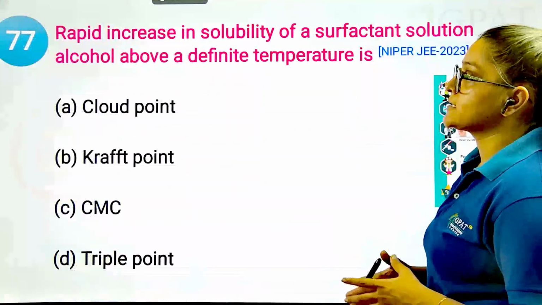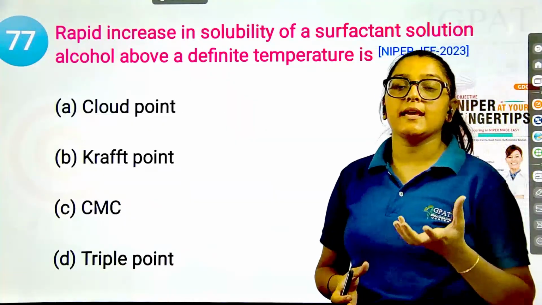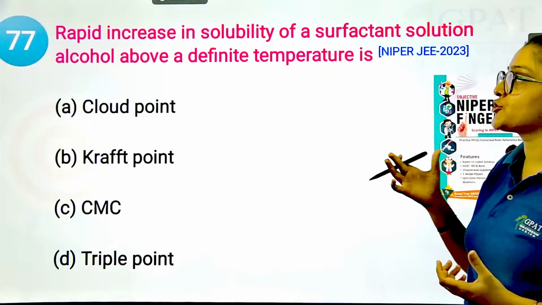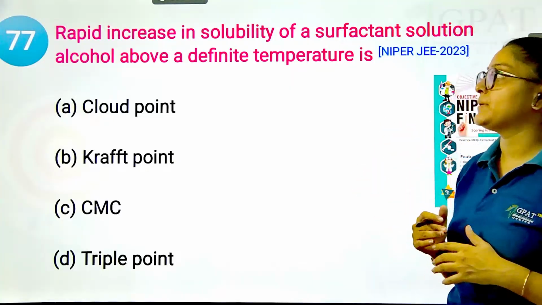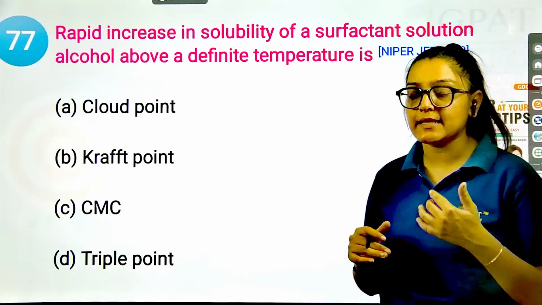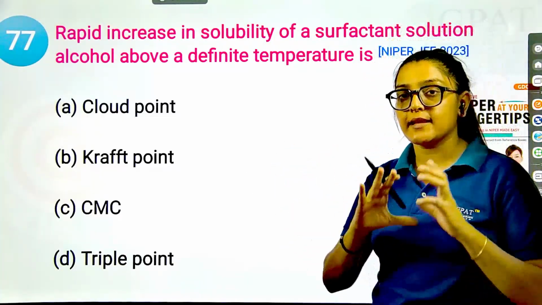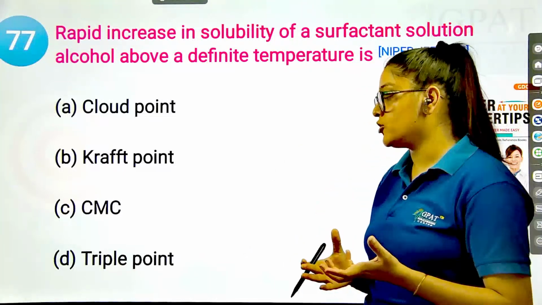Okay, next, rapid increase in the solubility of a surfactant solution above a definite temperature. Now, is it cloud point, is there any cloudy appearance that is happening? Not at all.